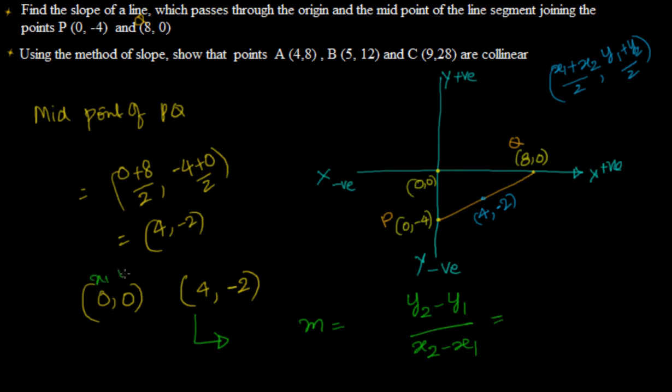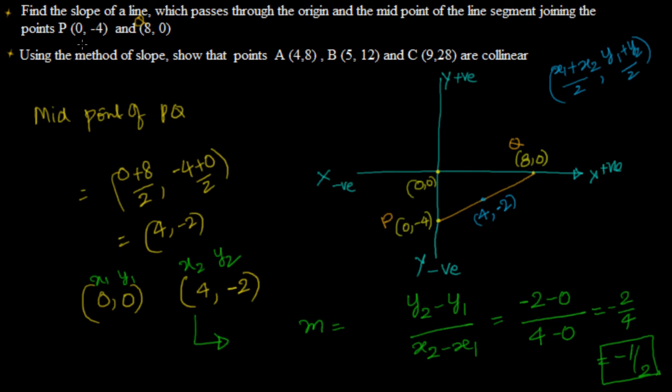This is x1, y1, x2, y2. y2 minus y1, that is -2 minus 0, by x2 minus x1, that is 4 minus 0. That's equal to -2 by 4, that is -1 by 2. So that's the slope of the line.